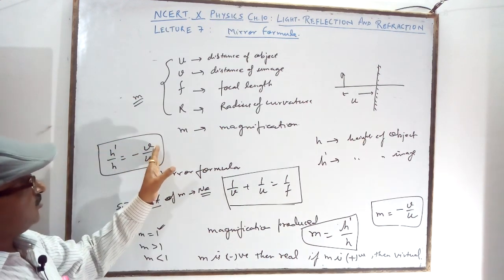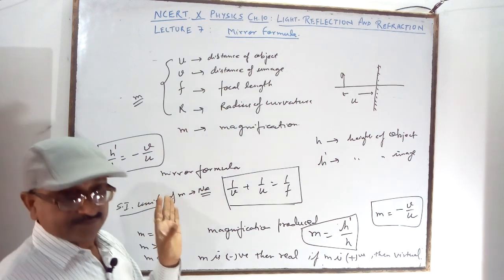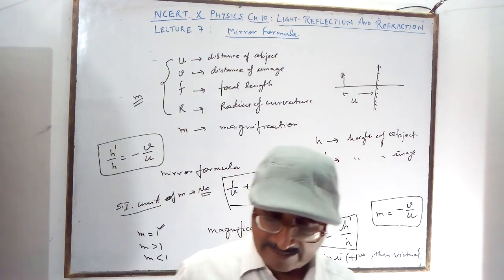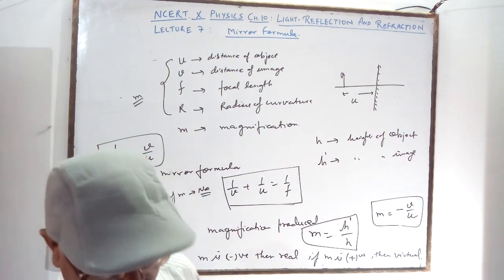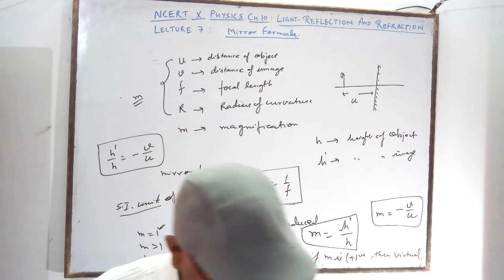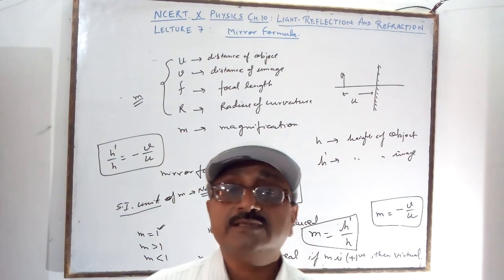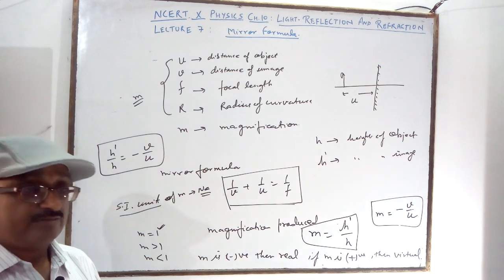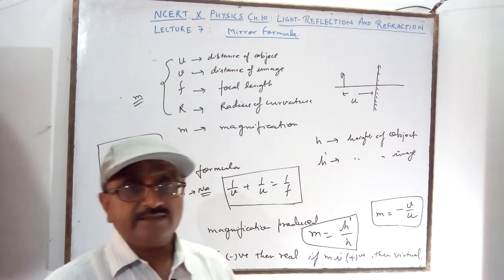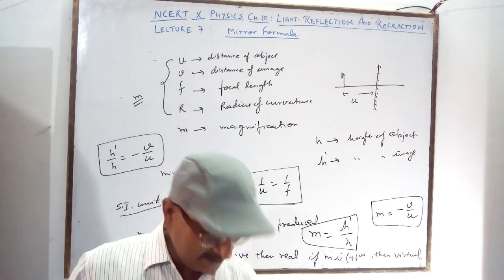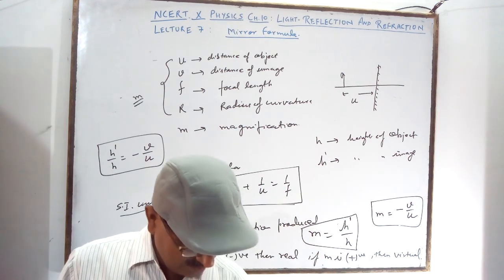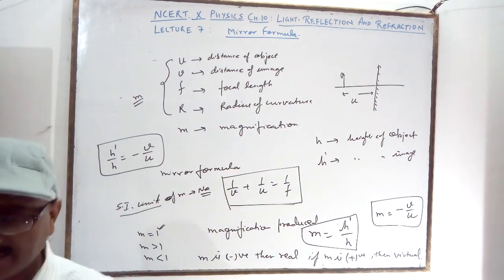Here you put the values in proper sign. V you write in minus, u you write in minus or plus, so you will get the values with the proper sign. That's all for today. We will meet in the next lecture and explain some other numericals and the formula. Thanks for today.